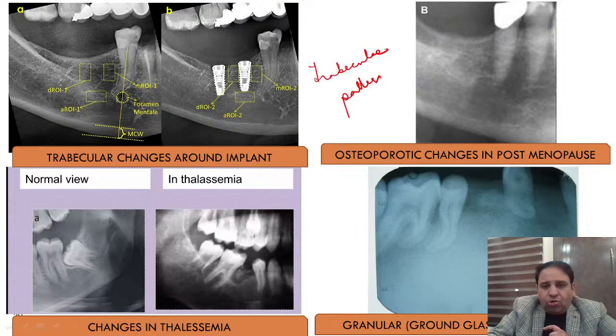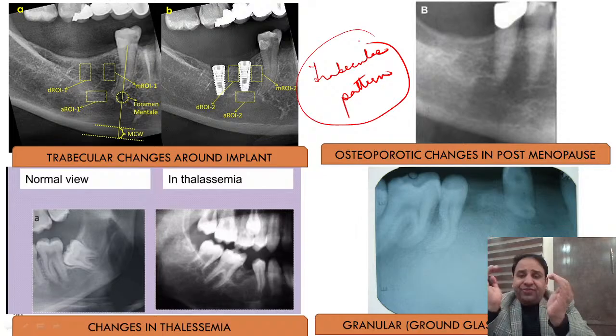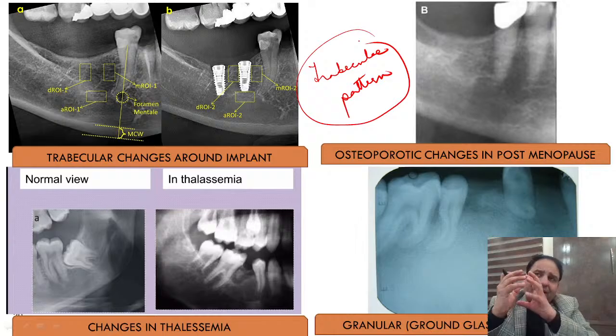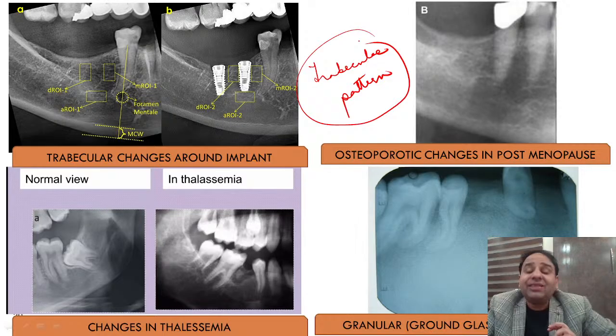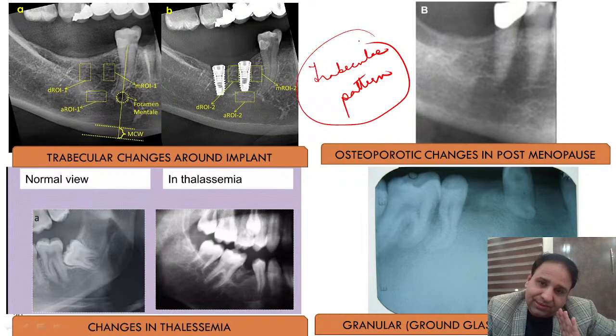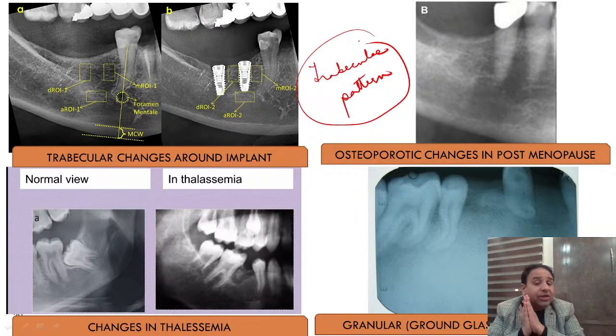We all know that in posterior mandible, the trabecular pattern, they are different. That means the marrow spaces are large, and trabecular pattern, they appear as if they are put one above the another, giving that characteristic step ladder appearance. You know this, that characteristic step ladder appearance is seen in normal posterior mandibular region.